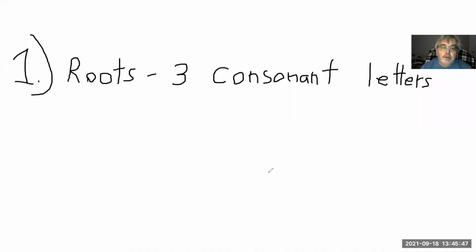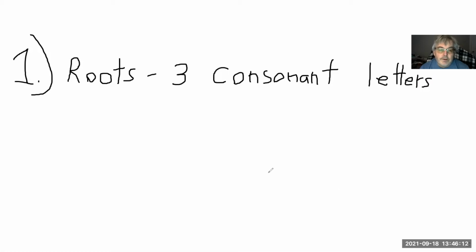So back to our whiteboard. Roots, Hebrew roots. All Hebrew words are broken down into a root, and almost all of the time that root is going to be 3 consonant letters. So you have a 3-letter root that makes really hundreds of words often by the time it's conjugated out to its different forms.